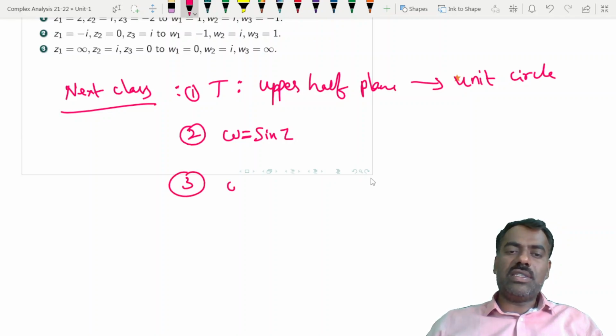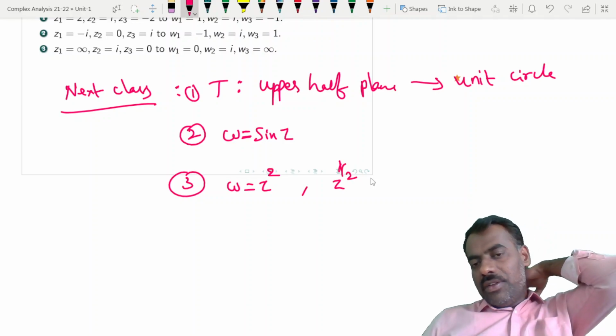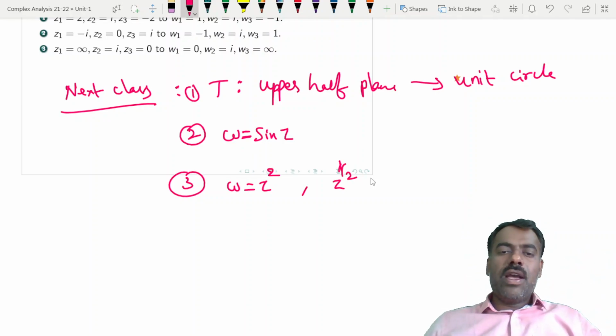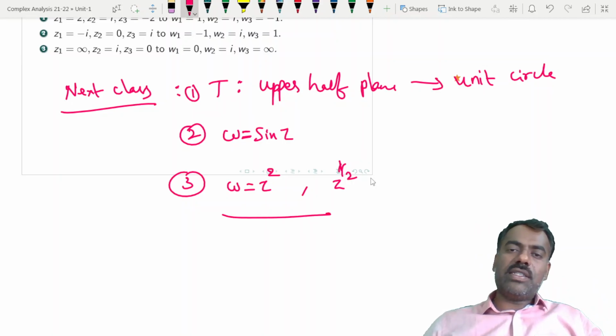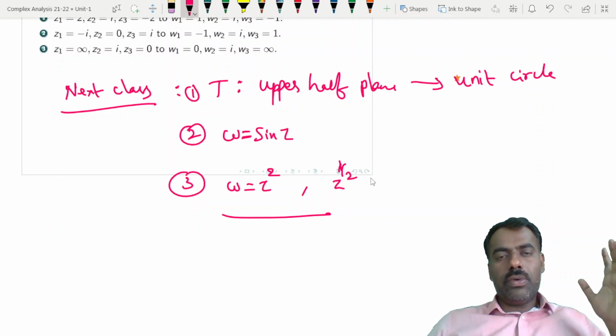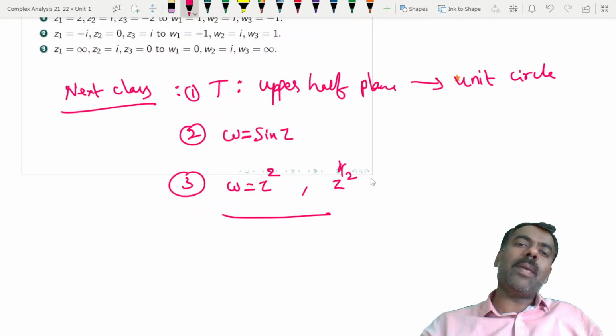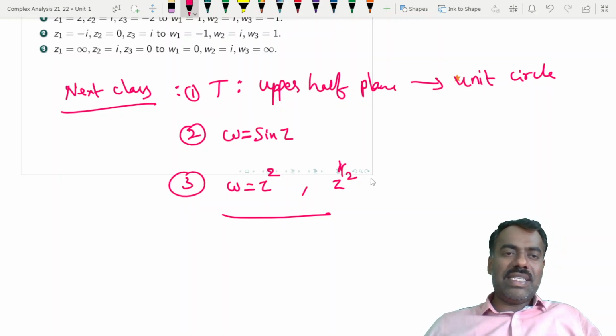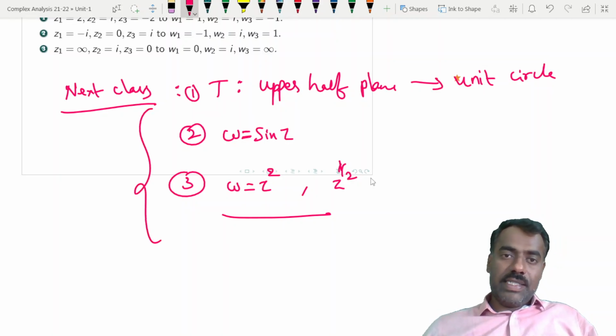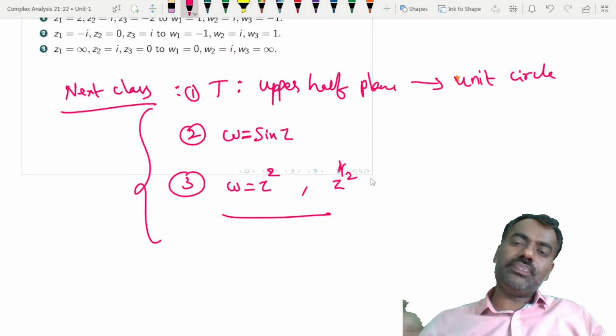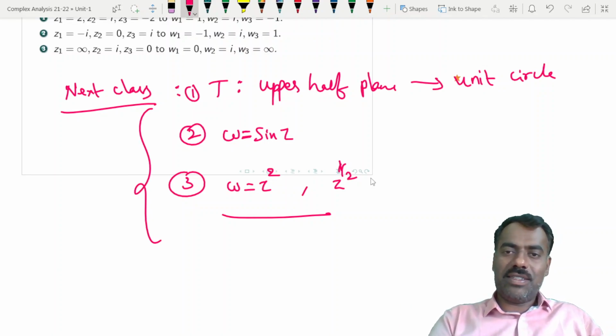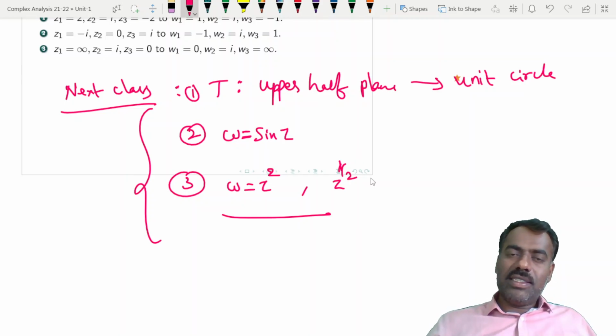Also we'll see w equal to z squared and z to the power half, which is a multivalued function, so branches will be there under these functions. If you take something in the z plane, how it will be mapped to the w plane and so on. We'll see these things, and I think with that our complex analysis syllabus is completely discussed.